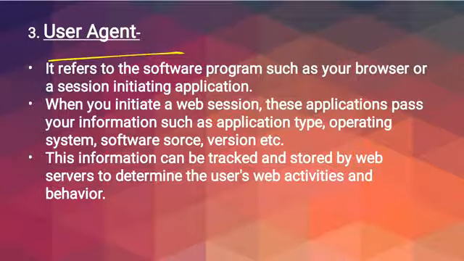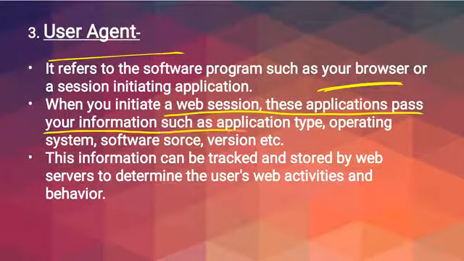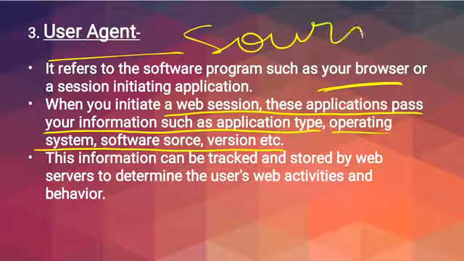When you initiate a web session, these applications pass your information such as application type, operating system, software source, versions, etc. So these browsers will share details like which application type you are using, meaning which browser you are using, what the operating system of your computer is, what software you are using, and what the version of that software is.